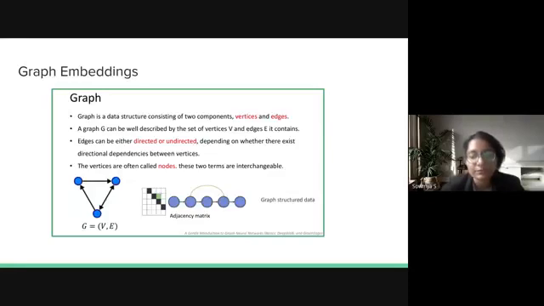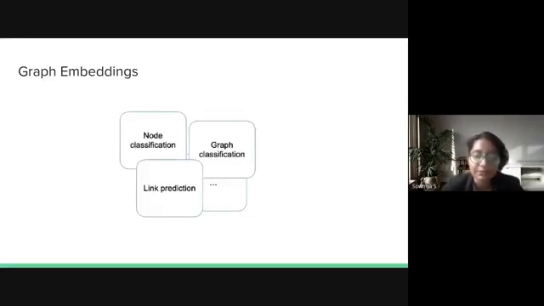Now, this is the definition of a graph, and we have associated problems, which are the node classification problem, graph classification problem, and link prediction problem. In node classification, we see what are the types of nodes. In graph classification, as the name suggests, we see the type of graphs. And in link prediction, we look at the edges between nodes and say what type of edge it is. When we study graphs, we don't really label the edges.